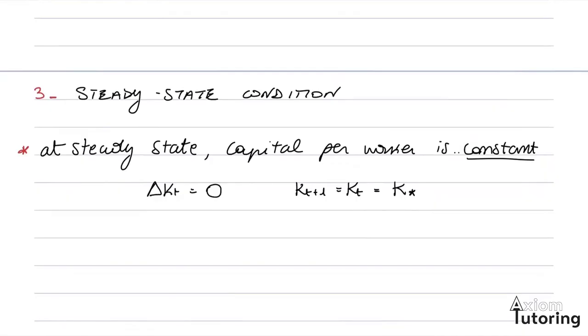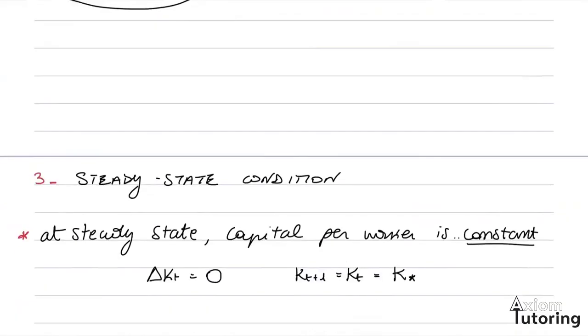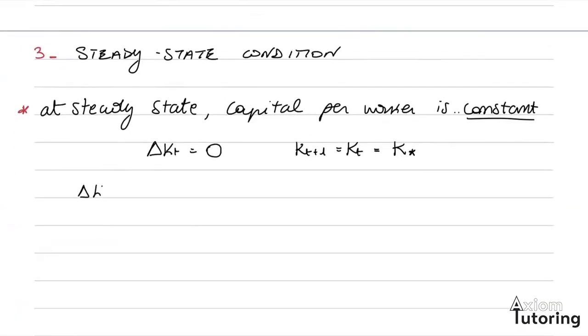So we are going to take back this equation. We are going to say that delta k_t is equal to s k_t to the power of alpha. Actually, we just mentioned that we need to have k star, so let's stick with what we said: s k star to the power of alpha minus delta k star, and this is equal to 0.